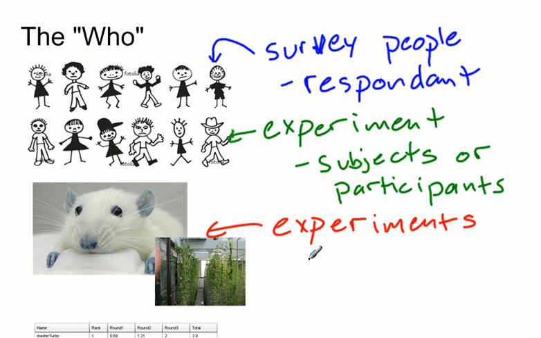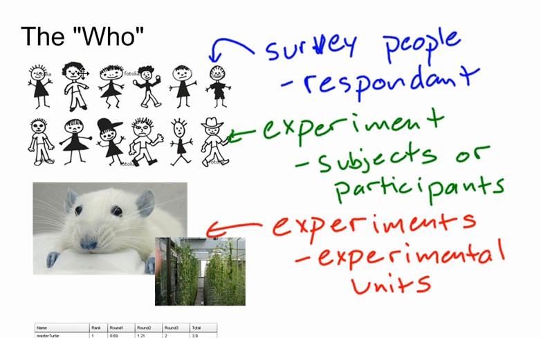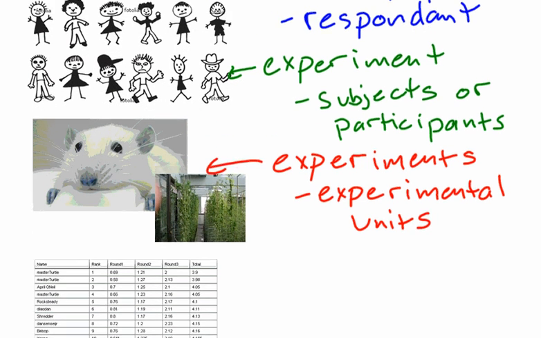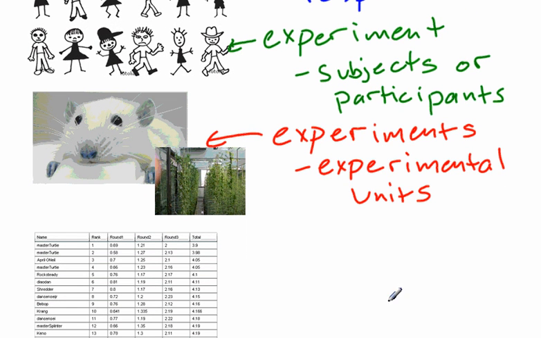We call those lab rats or animals or plants experimental units. A little bit less personal. Animals and plants are probably a little bit less personal than experimenting on people. So when we experiment on people, subjects are participants, and when we experiment on plants or animals or other objects, those are called experimental units.